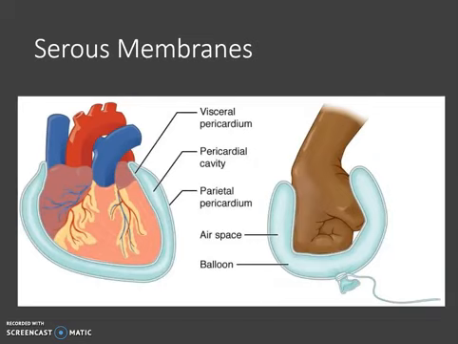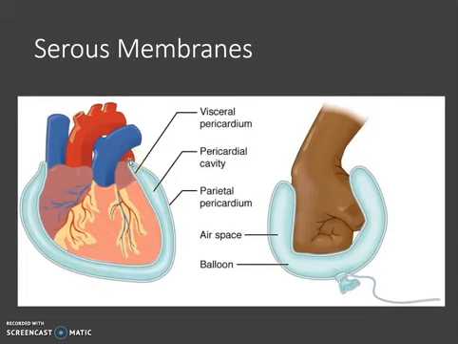So here's another picture that helps to better show the relationship between the visceral and parietal layers. In this example, we're looking at the heart and the pericardium. You'll notice that the visceral pericardium is this part of the membrane that's on the surface of the heart.